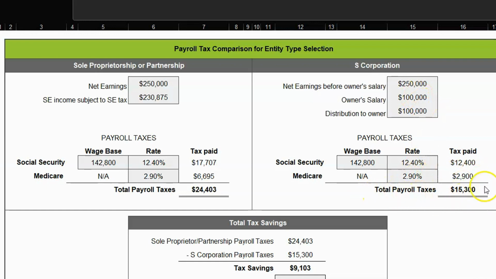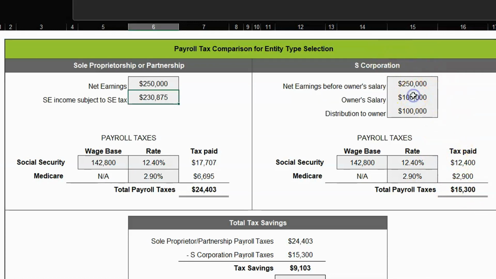So the total payroll taxes that the S-Corp has to pay is $15,300. Now, half of this the employer is paying, the company, and the other half the employee is paying, but the S-Corp is still writing the check. So these are the total payroll taxes that this S-Corp has to pay.